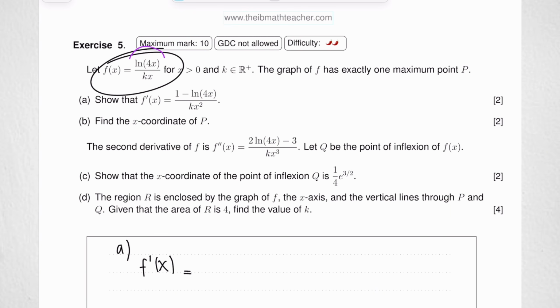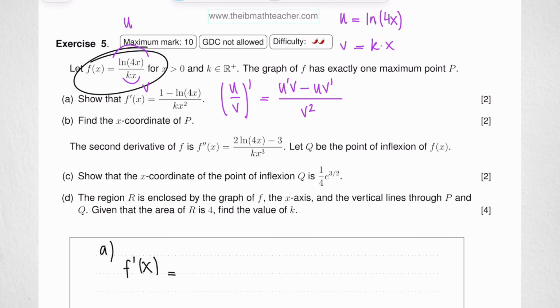Do remember that if we have u over v, let u and v be these two functions, then u over v prime is u prime v minus u v prime over v squared. Now u prime is 1 over whatever's inside the ln, which is 4x, times the derivative of the inside function, which is 4. Therefore, the derivative is 1 over x.